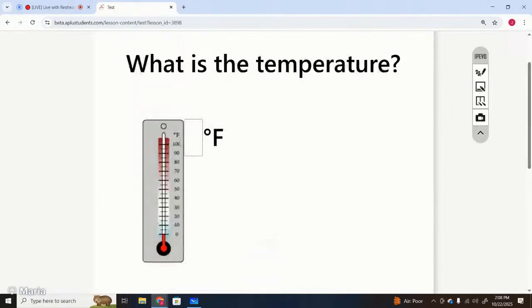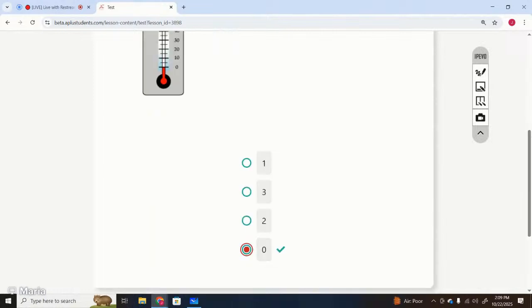What is the temperature? That is 0 degrees F. Option number 4 is the correct option.